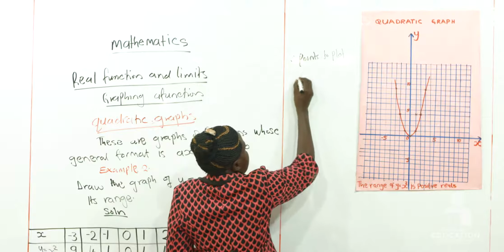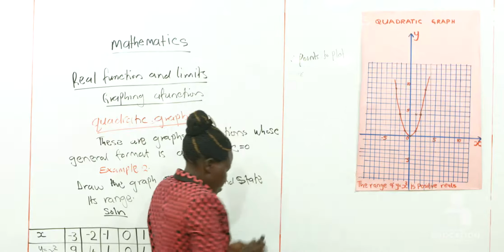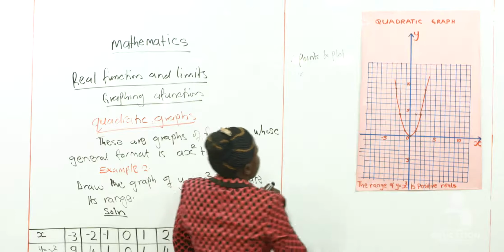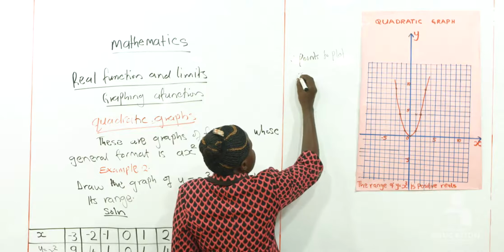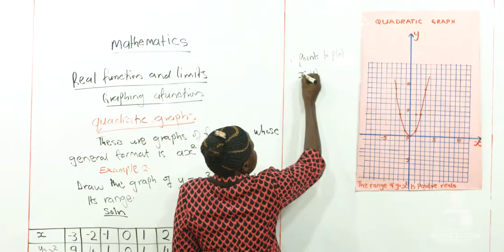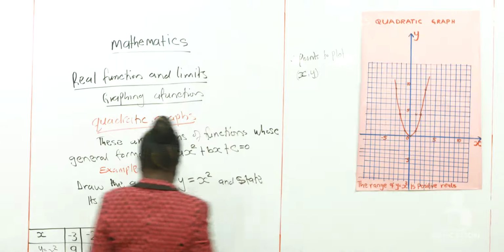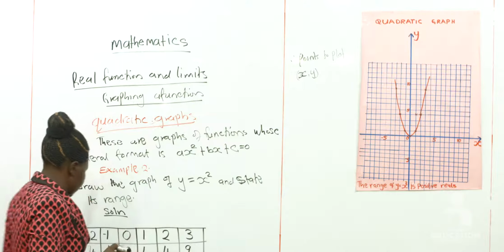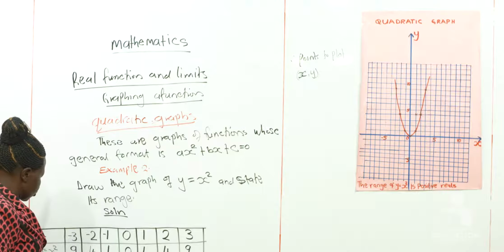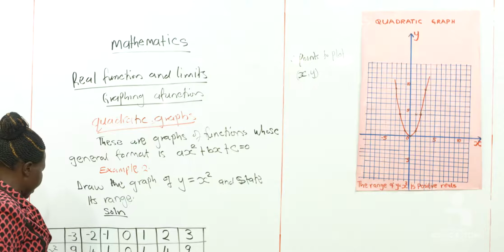That is x, y. So we are going to correspond these points. We look at it on the x, and then the corresponding element on the y.